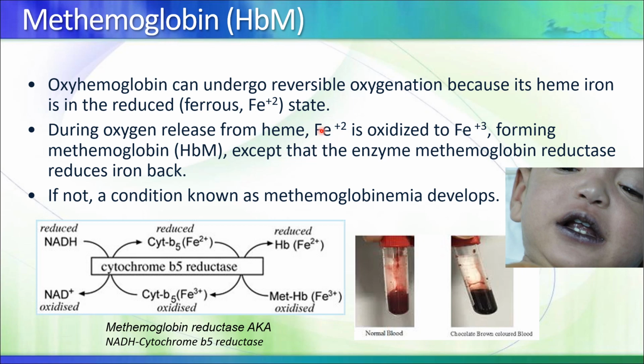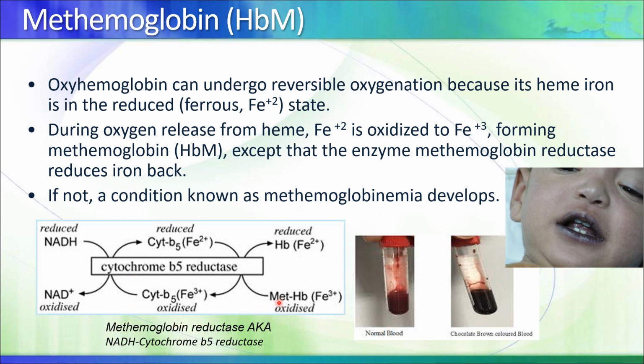The first reason is that the hydrophobic pocket surrounding the heme molecule prevents the oxidation of iron from the ferrous to the ferric state. What happens is that you have electron rearrangement between the different amino acid residues, preventing this oxidation from taking place. But the other reason is that individuals have what is known as a methemoglobin reductase.